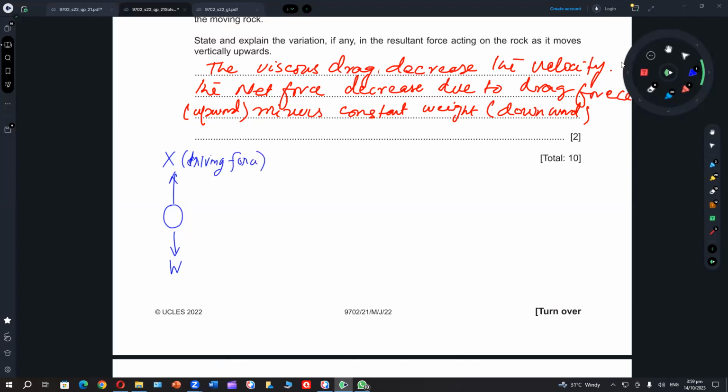Object is going upward. If the object is going upward, the viscous drag will be downward, because viscous drag always opposes the motion.